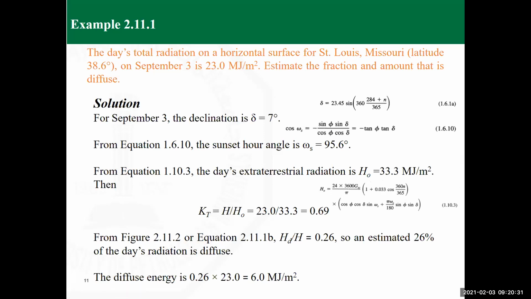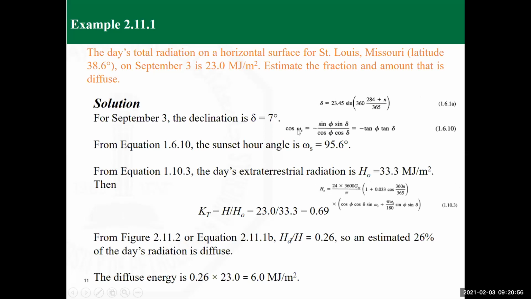Or if you wish, you can do it by hand. For example, January is 31, February is 28, March is 31, April is 30, May is 31, June is 30, July is 31, August is 31. You add them all together and then you add 3 because it's the 3rd of September. Then you can put the value of n in and calculate delta, which is equal to 7.